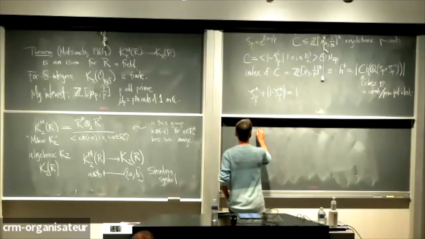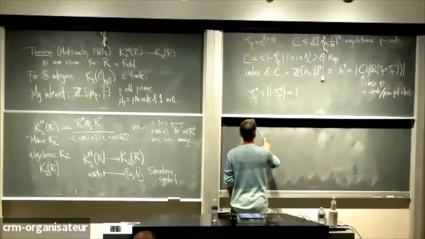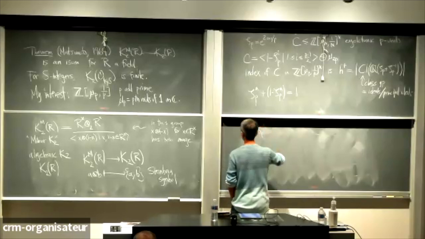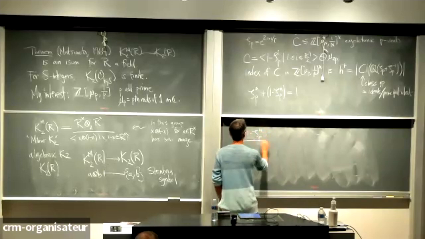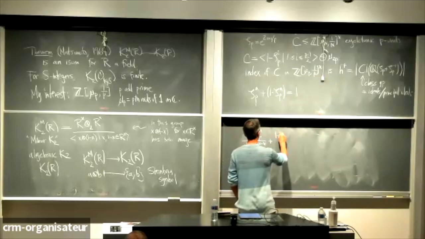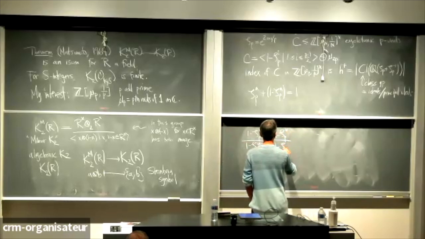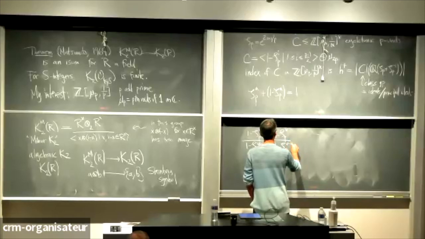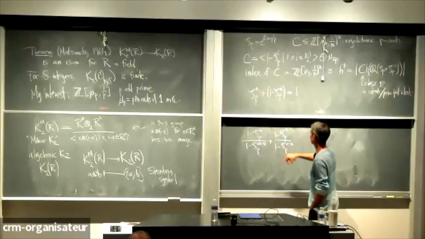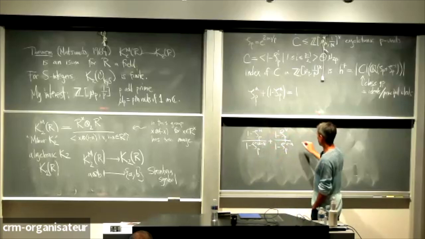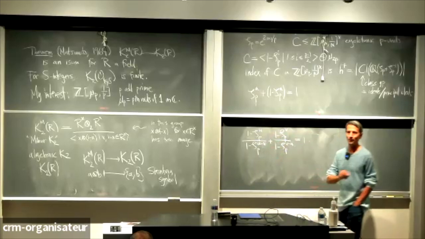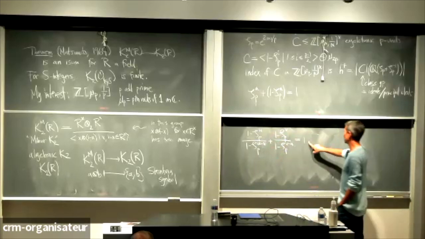We could do (1 minus ζ_p^u) over (1 minus ζ_p^(u-v)) plus (1 minus ζ_p^v) over, this is maybe not the simplest way to write it, but it avoids having another root of unity here somewhere, (1 minus ζ_p^(v-u)) equals 1 for all u and v.